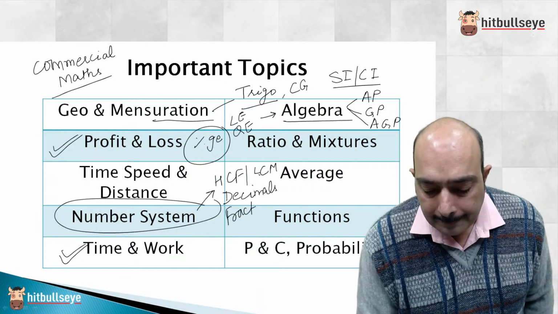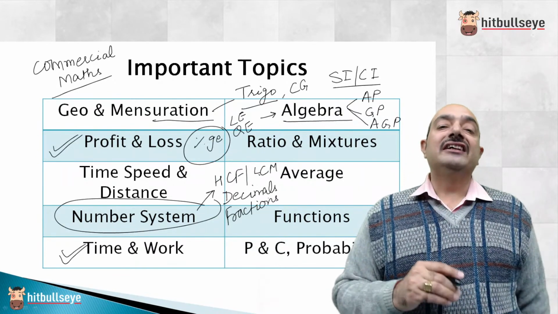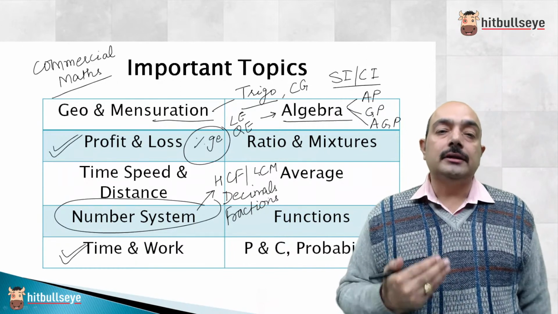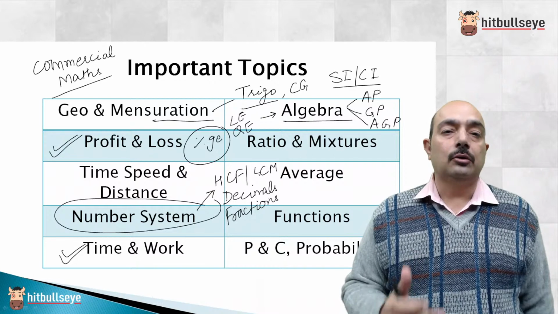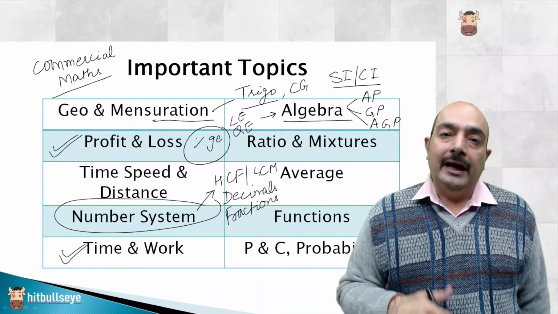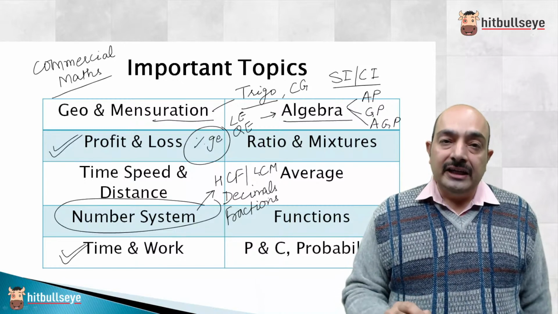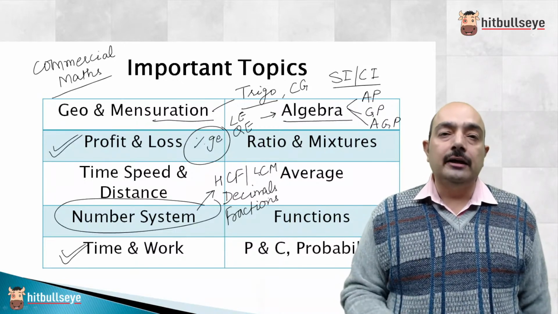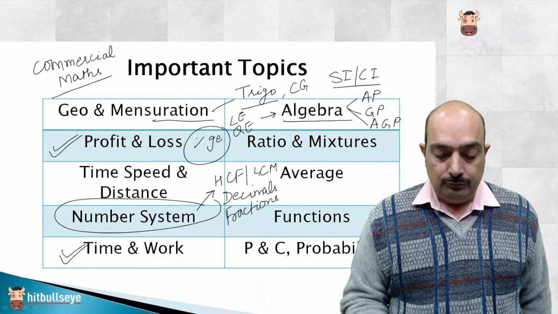A lot of things are covered apart from the various definitions of numbers, the types of numbers: prime numbers, odd numbers, even numbers, composite numbers, natural, whole, integers, everything, and questions based on that. So number system is one of the huge areas, and let me tell you, you will always find questions on this area also. Yes, one more thing.